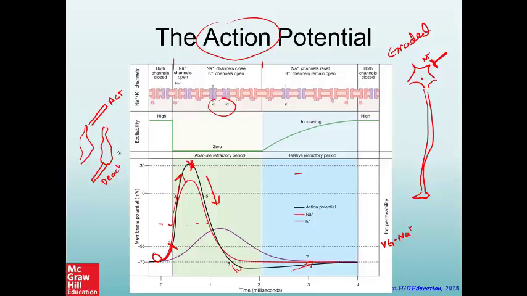So under normal conditions over here, before we reach threshold, the activation gate is closed. The activation gate opens at threshold, and now sodium can flow in through this open channel.